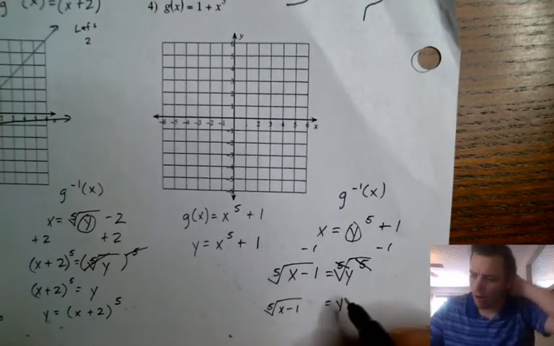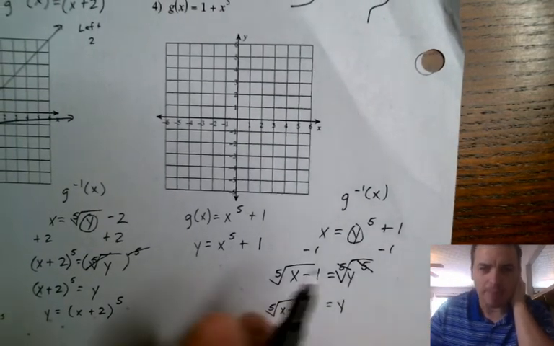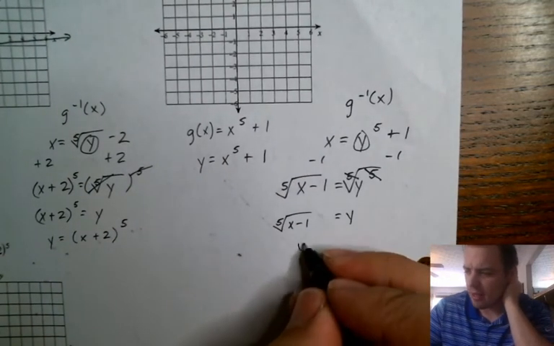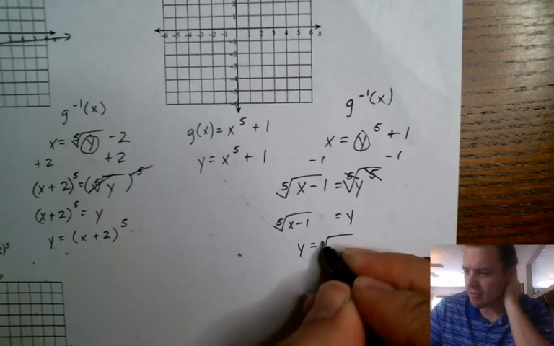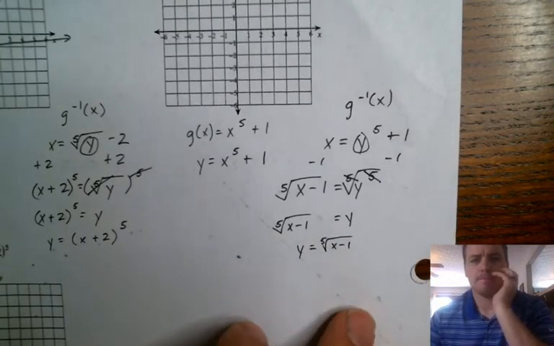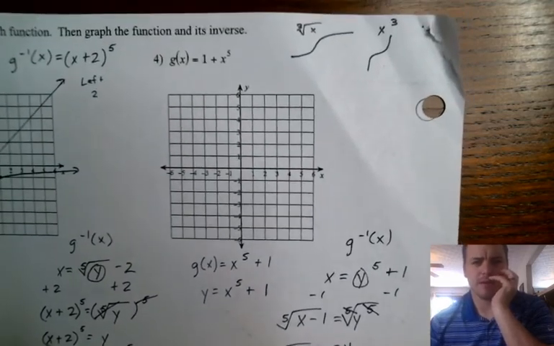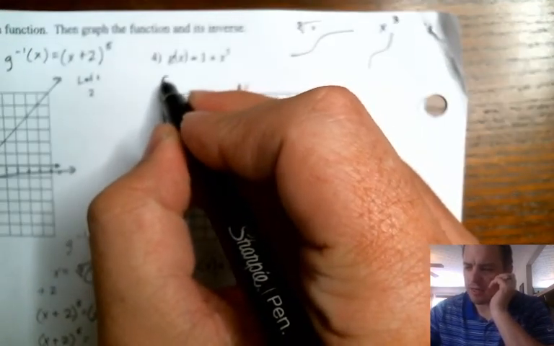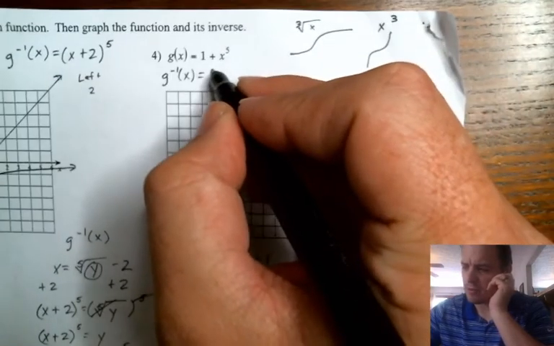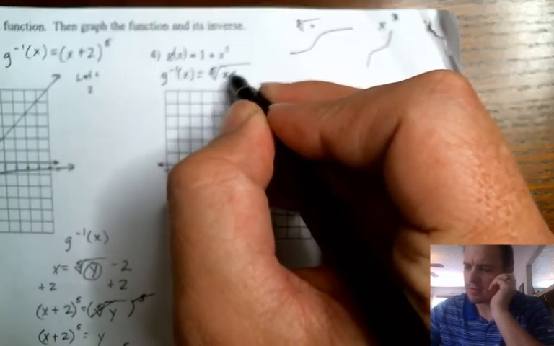Again, our main goal is to get that y by itself. We've done that. So I come up here and say that's my function, and my inverse function is equal to the 5th root of x minus 1.